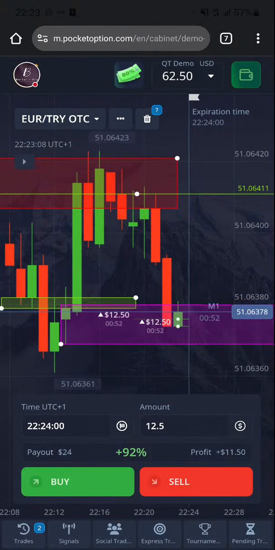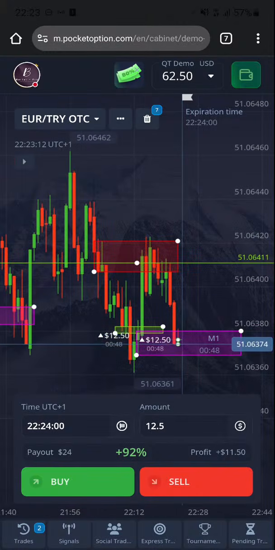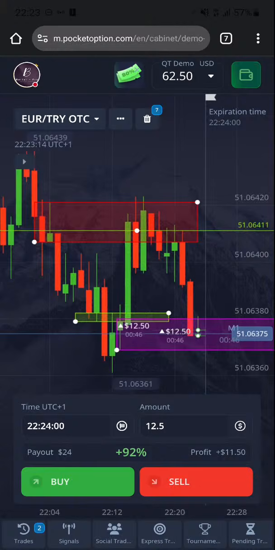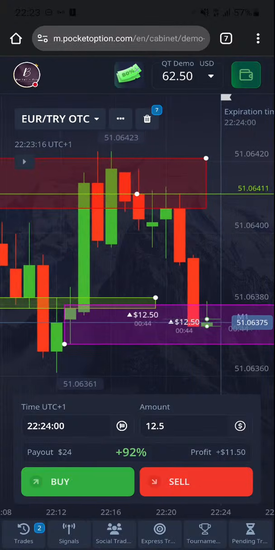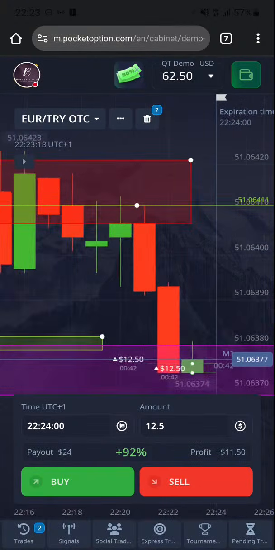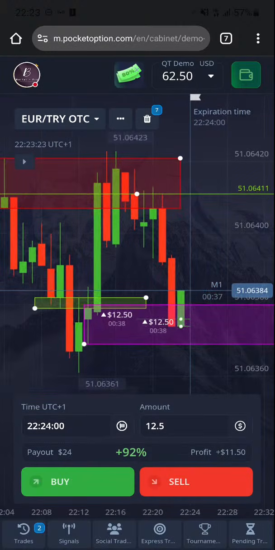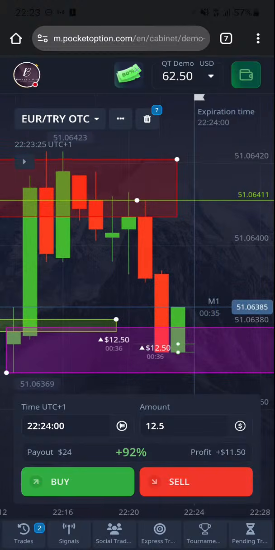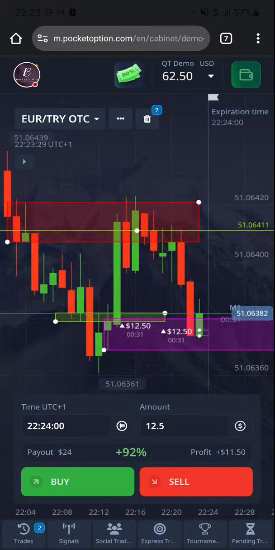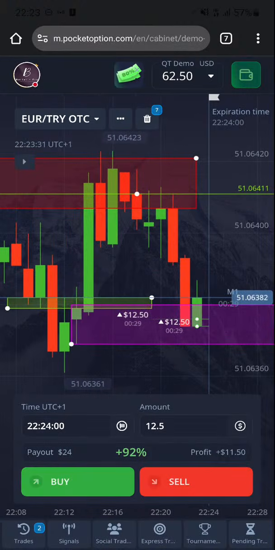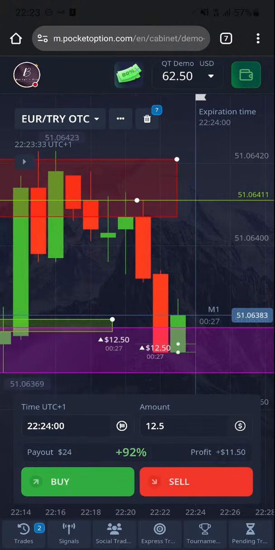Some sellers came in the last 5 seconds in the market. So let's see if the remaining buyers can give us a green candle, if we have enough buy orders. I hope they don't push in the last 10 seconds.